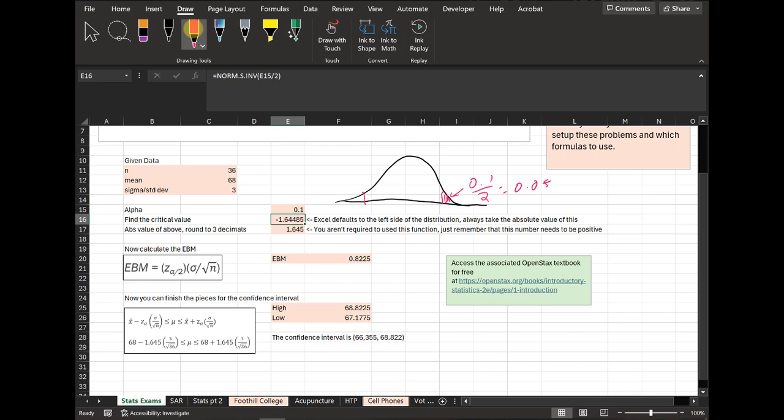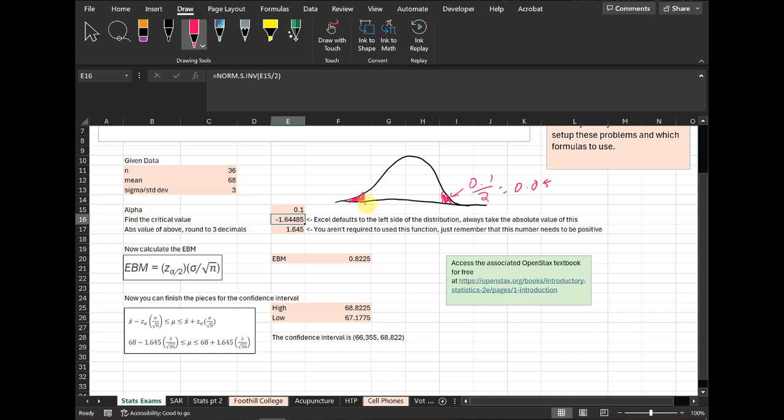I take that alpha and split up the 10% of the area between the two tails. So this is what we think of as our alpha. And when I try to find the critical value, and by the way, this is the standard normal distribution, I want to know, what is this z-score down here?